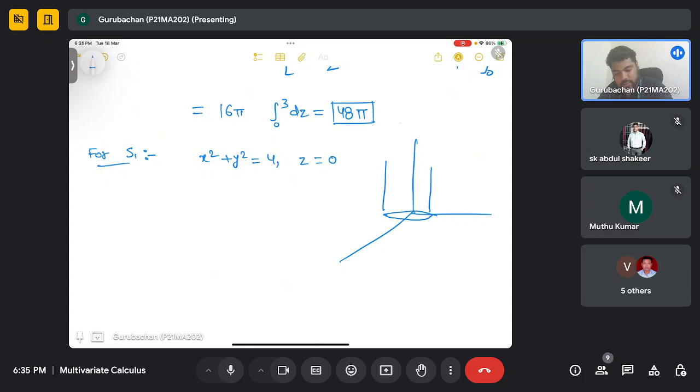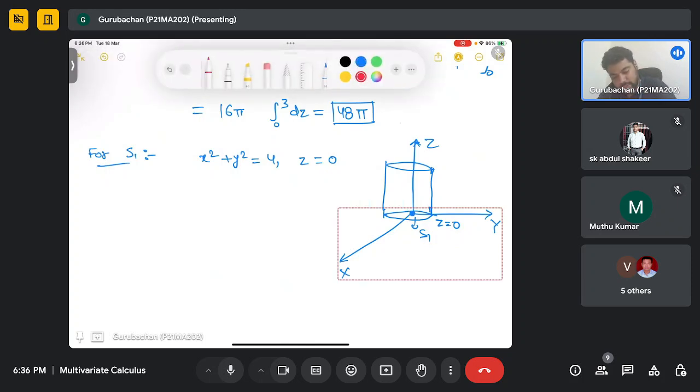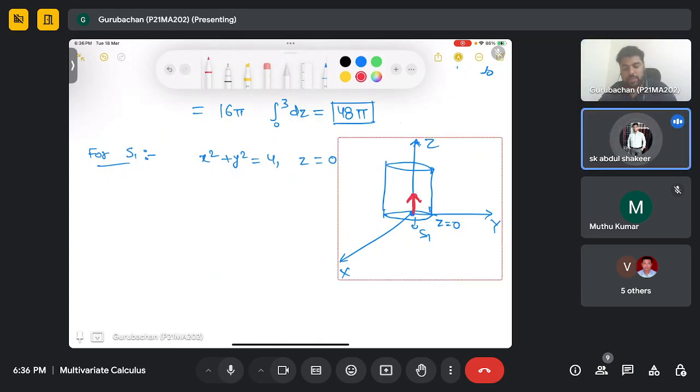This is our cylinder that I have roughly drawn. This is our S1, z equal to 0. We want the outward normal vector. If I consider k bar, it would point in this direction, which is not outward.